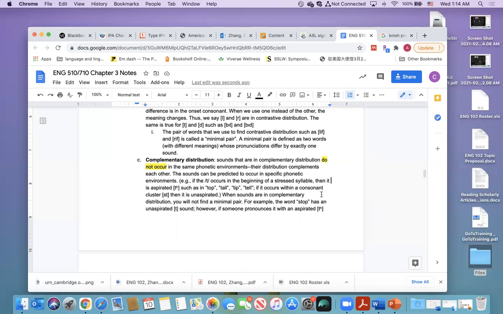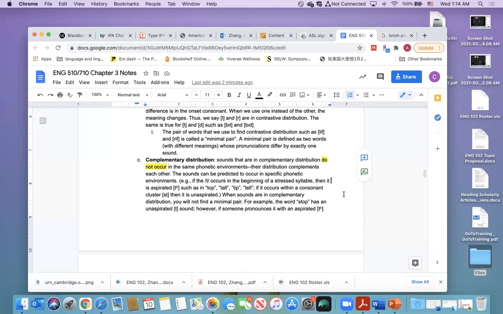And if it occurs within a consonant cluster, st, then it is unaspirated. Okay. And so we know that the aspirated t and the unaspirated t are in complementary distribution because they only occur in their specific phonetic environment. But using one instead of the other does not change the meaning.